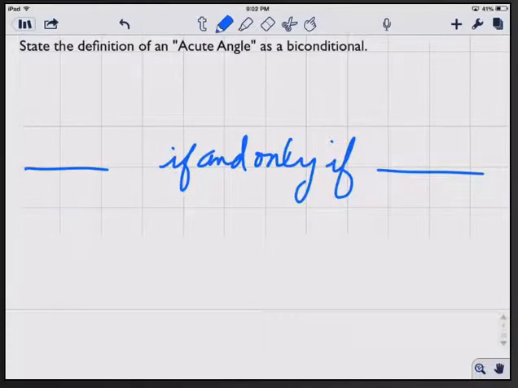So in front here, we're going to state one of those two phrases, either the hypothesis of that sentence I just stated or the conclusion.